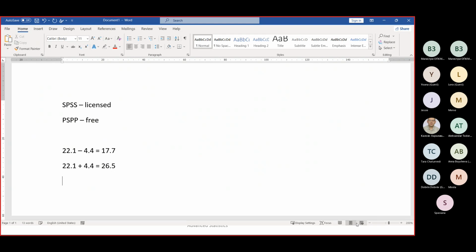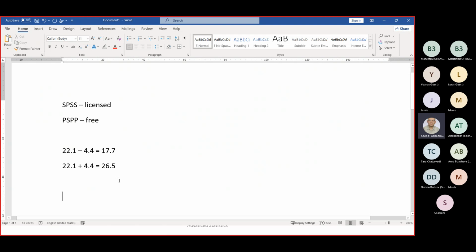But since we sum numbers which are 1, 2, 3, 4, 5, the results are always whole numbers. They have not decimal places, decimal digits.